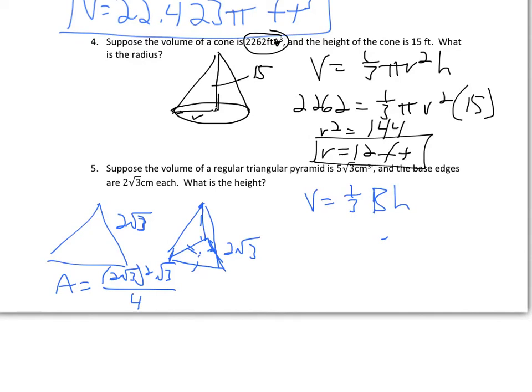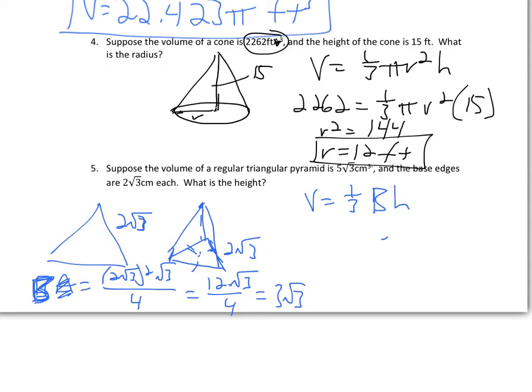Type in 2√3, make sure you close the parentheses around the whole thing. Square it, and you should get 12. So this is equal to 12√3 over 4, which reduces to 3√3. So the area of our base, the variable for that, is capital B.